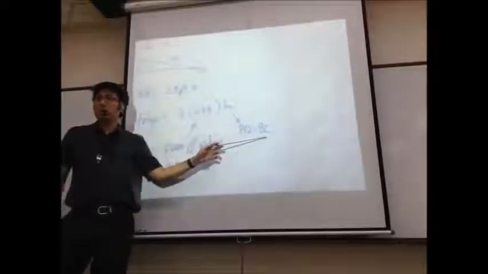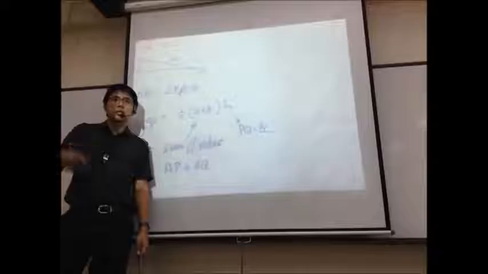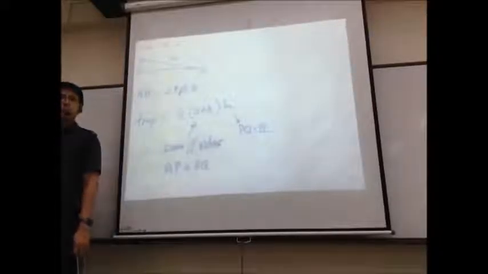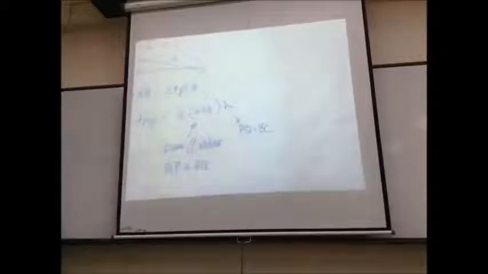So it's equal to BC actually. Okay? So look at the diagram again. I pause here. You go and try. You go and find. And then submit to me tomorrow. What's the time? 8. Okay.